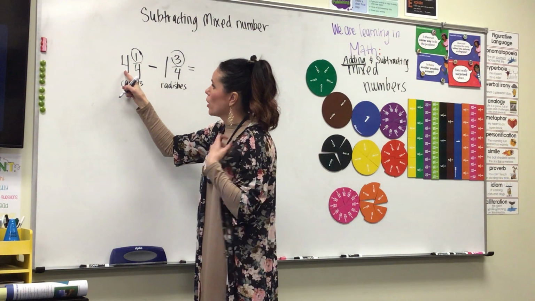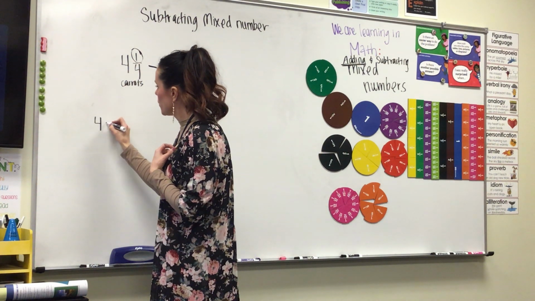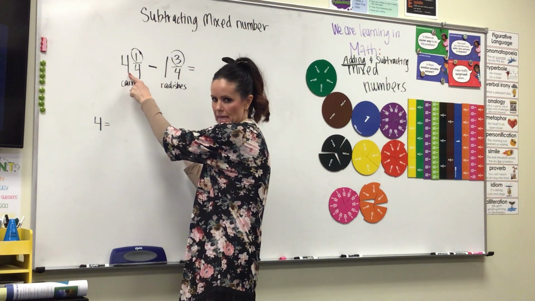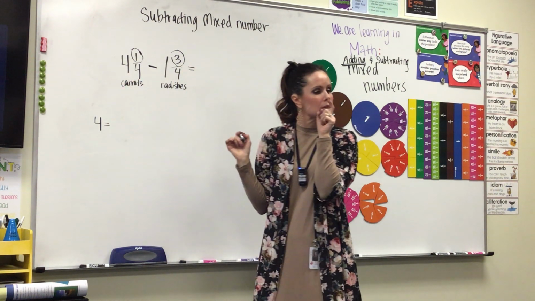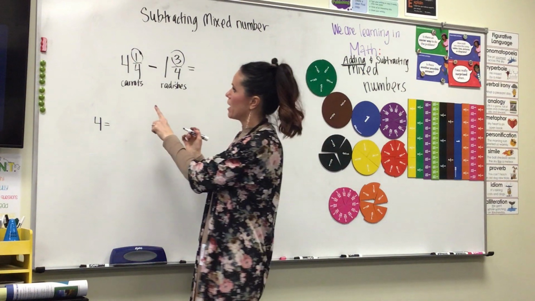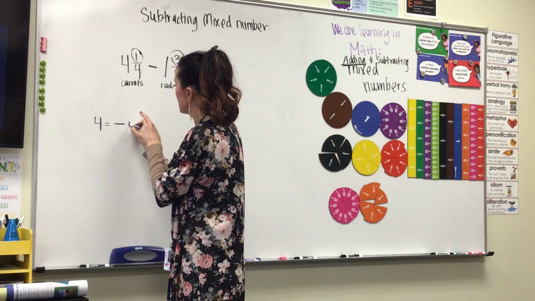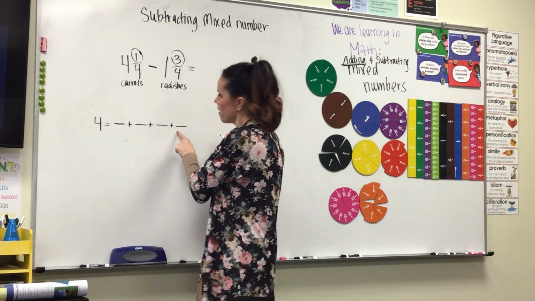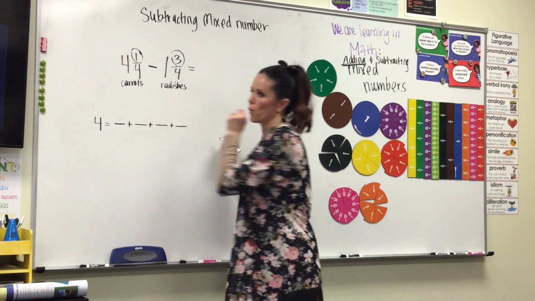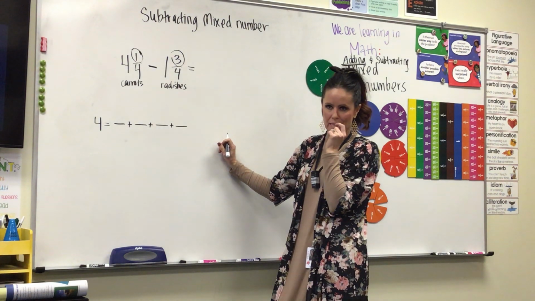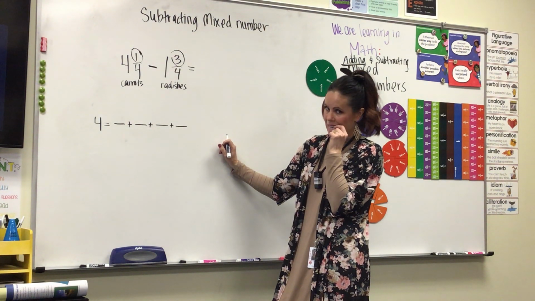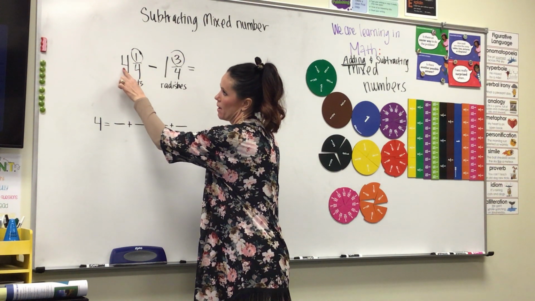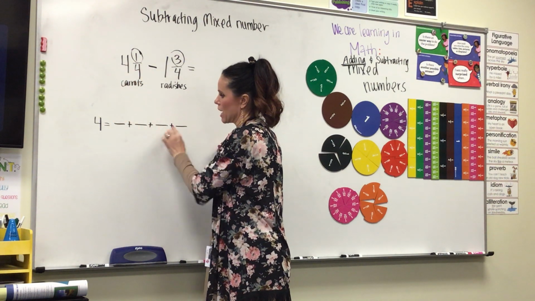So I have 4 wholes, and we're going to decompose this down. 4 wholes is the same thing as writing 4 in fractions. I'm going to get 4 fractions that equal 4 wholes. Who knows how to make those fractions? Boston, how do I take this 4 and make it into 4 fractions?